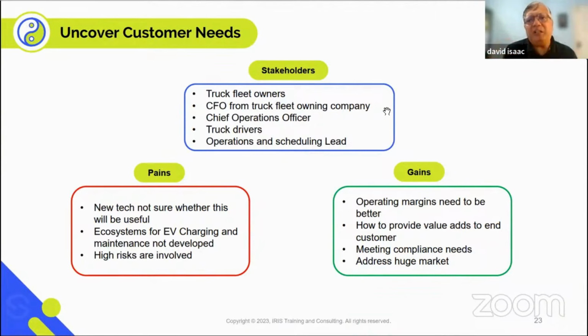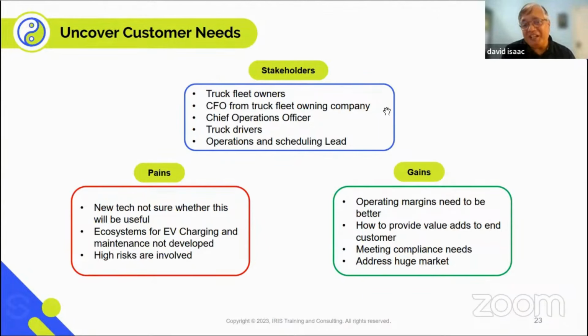As you start thinking from that direction, you realize that one of the concerns they may have in terms of pains is: we are not sure whether the technology is going to be useful for me. Is this reliable? Is this for a long time? What will be the maintenance and charging cost, and who will create this ecosystem? There are high risks involved from an investment standpoint.